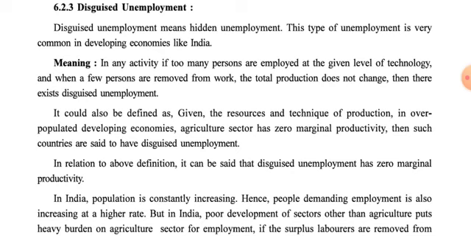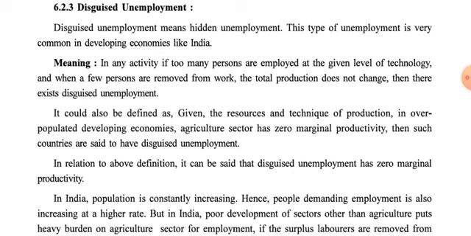Because it is hidden unemployment, we can't check how many persons are unemployed amongst all those who are working, and that's why perfect measurement is not possible, and hence it is hidden unemployment.